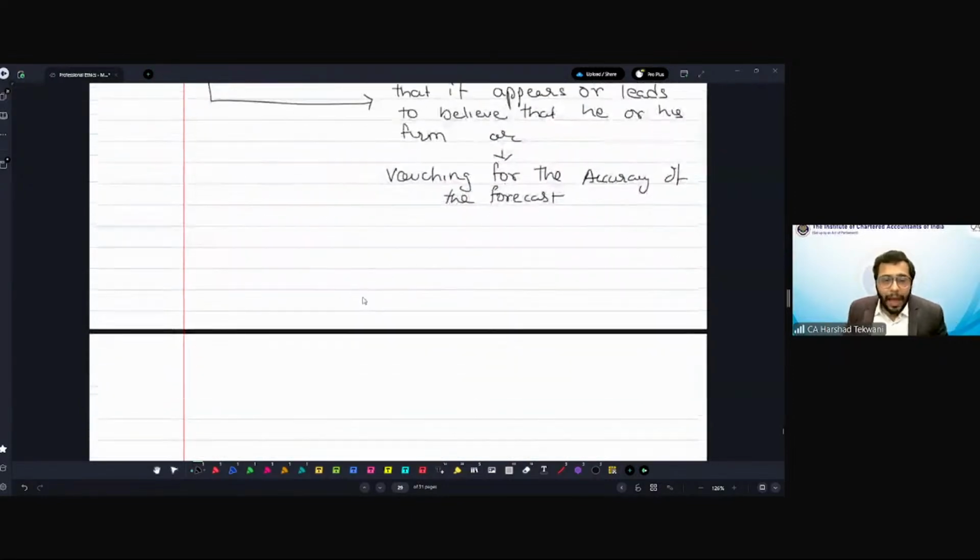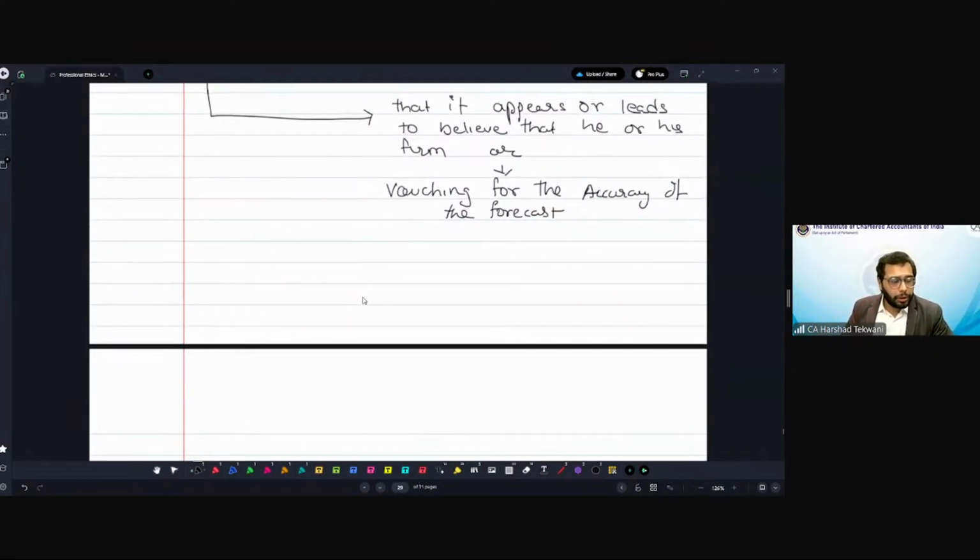For example, having a paragraph in a report that says, to the best of my information and explanation received, the 5 years forecast are prepared in the manner specified and provide a true and fair picture. No, I am not required to present a true and correct, accurate picture for the forecast.